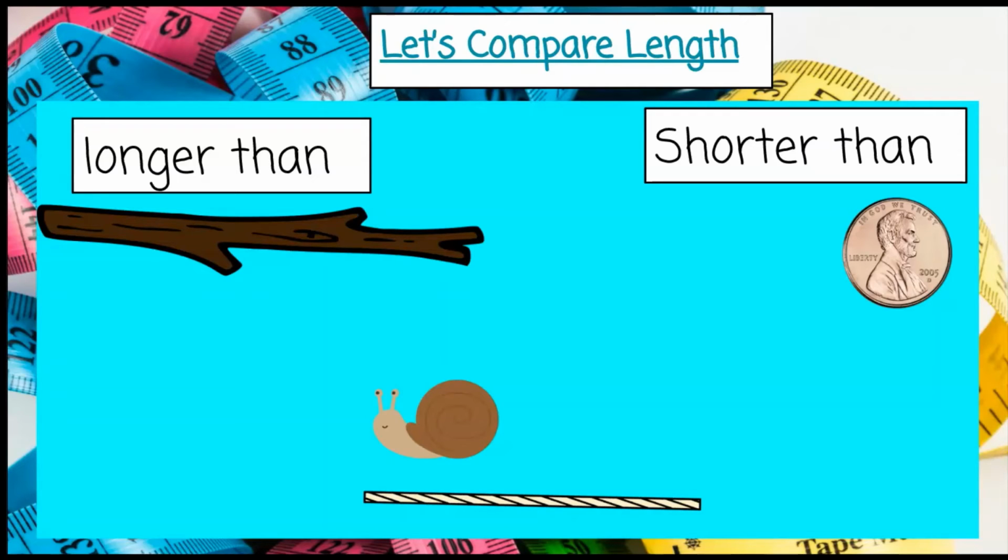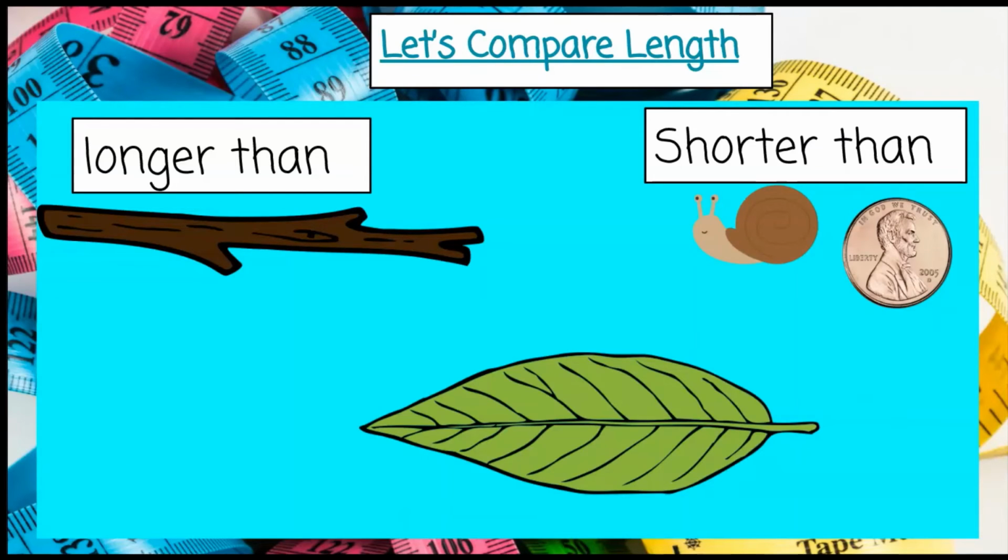Your teacher's going to pause the video and you guys are going to talk about it. We can see our endpoints are the same. And when we follow the snail, we see where it stops. So if I drew a line here, I could see that the string keeps going. That means the snail is shorter than the string. So we're going to sort it over here with the penny.